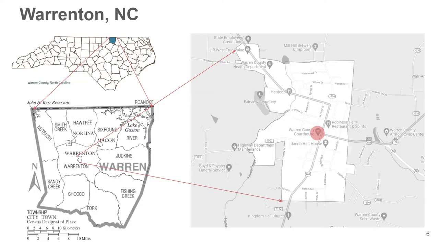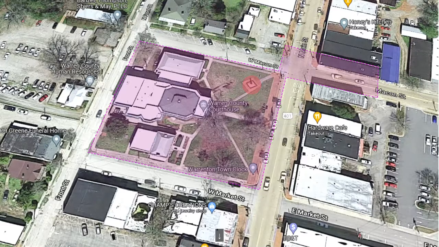So you know where we're located: Warrenton, North Carolina, just northeast of Greensboro, sharing a line with Virginia. This is the courthouse site. Initially we looked at the Confederate monument site that's on the overall parcel. We ended up expanding our design proposals to the entire lot that the courthouse sits on, and also across the street to that vacant piece where a building had burnt down.